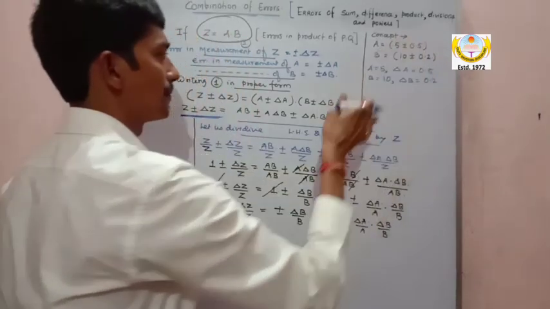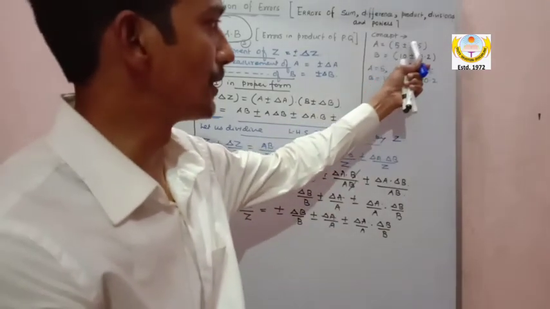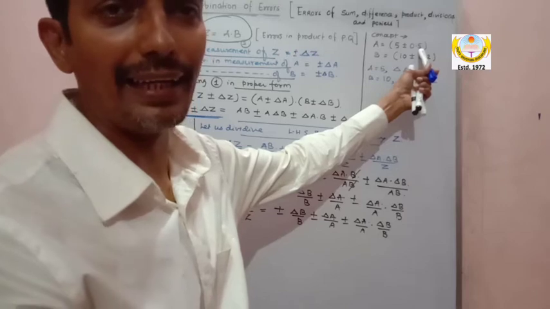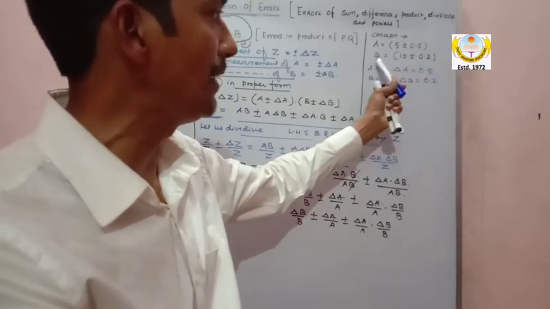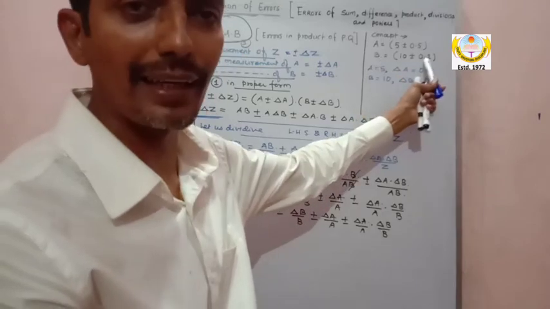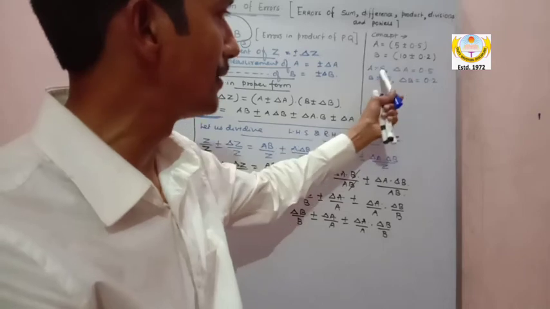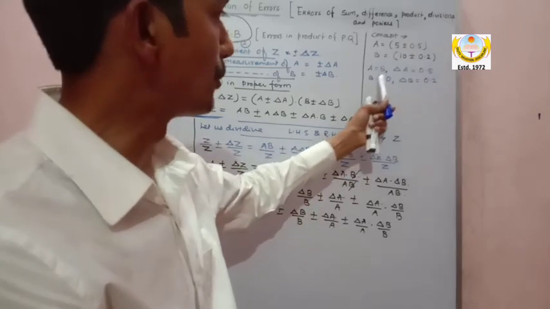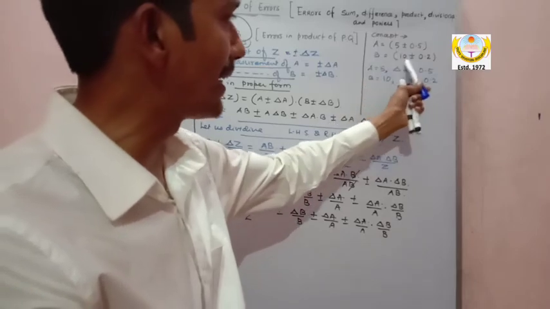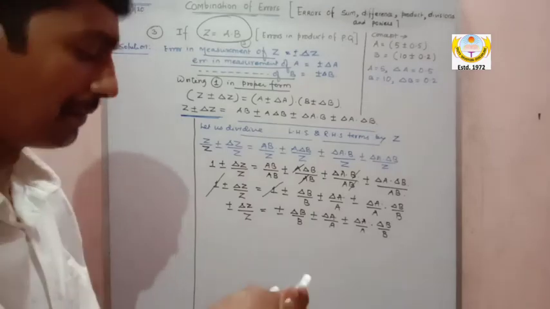You can see this is the true value, this is the error in A, that is the absolute error in A, and this is the true value of B and this is the absolute error in B. So the true value of A is 5 and the error in A is 0.5. The true value of B is 10 and the error in B is 0.2. In my question I have given this.